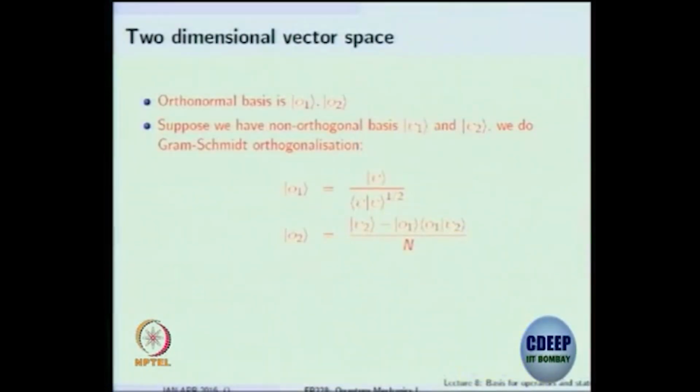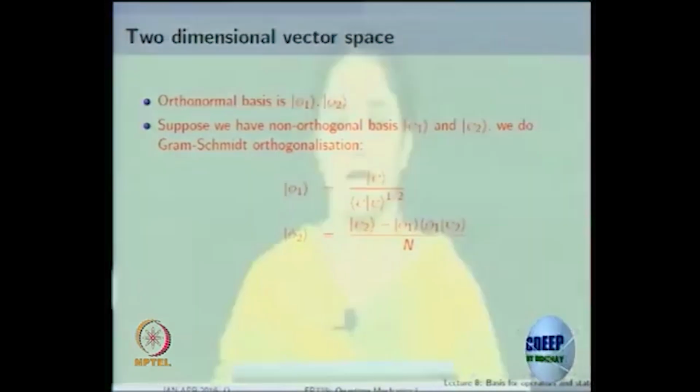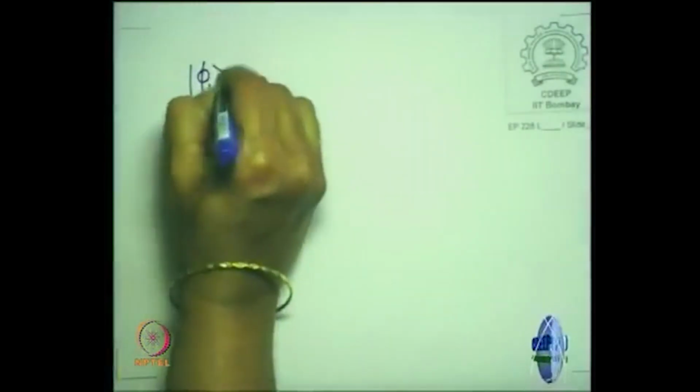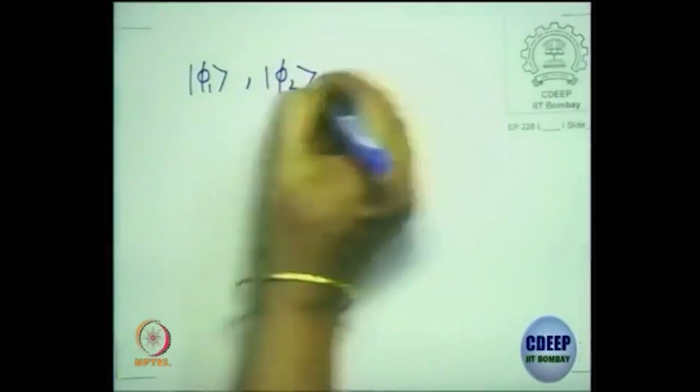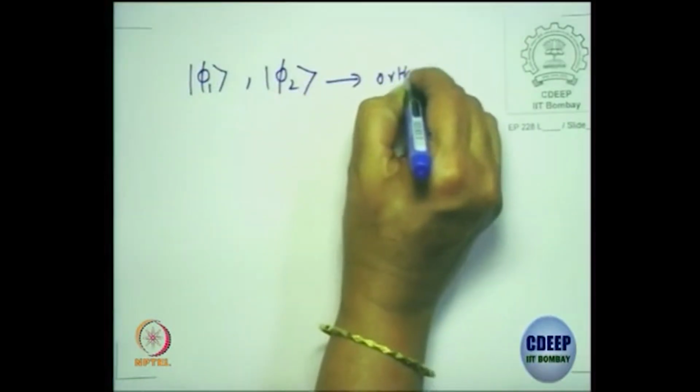So, if you remember, we had two bases in the last lecture. One was an orthonormal basis and the other one was a non-orthogonal basis, right. So, let me just proceed with this example. We call phi 1 and phi 2 to be orthonormal bases.